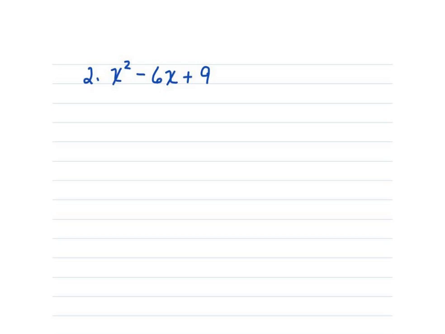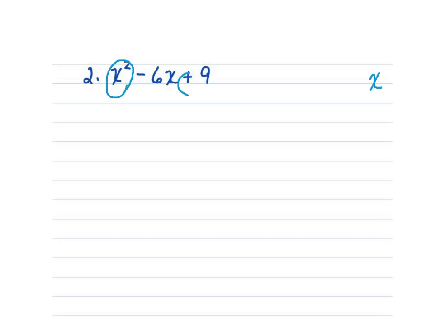Okay, x squared minus 6x plus 9. The question is whether or not this is a perfect square trinomial. Does it fit the pattern? And if it does, we can use that pattern to factor it. So the first question is, is the first term a perfect square? The answer is yes, and its square root is x.